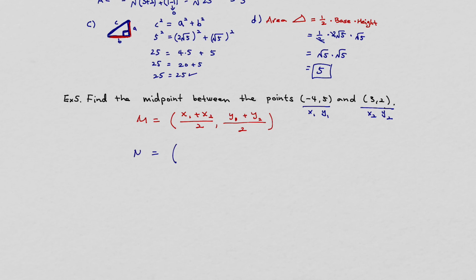Replace it. Your midpoint, the exact middle point between these 2 points, is going to be -4 plus 3 over 2 and 5 plus 2 over 2, which gives you -1/2 and 7 over 2. You can leave it in fraction form, or you can answer in decimal form. 2 goes into 7 3 times, so it'll be 3.5.